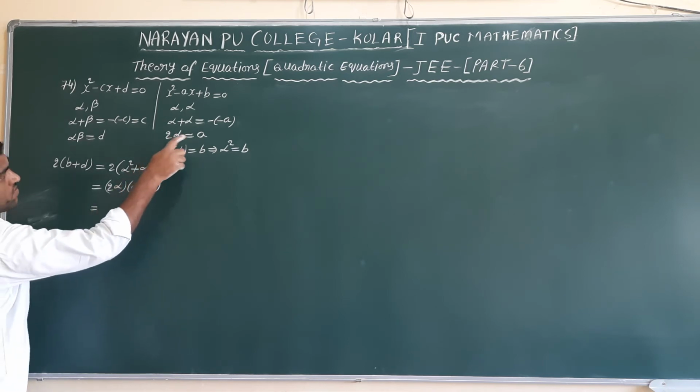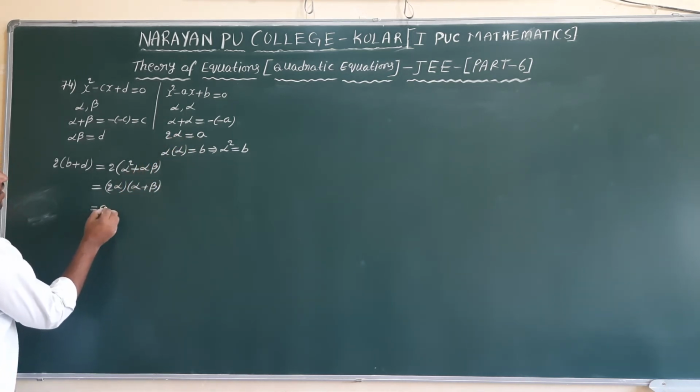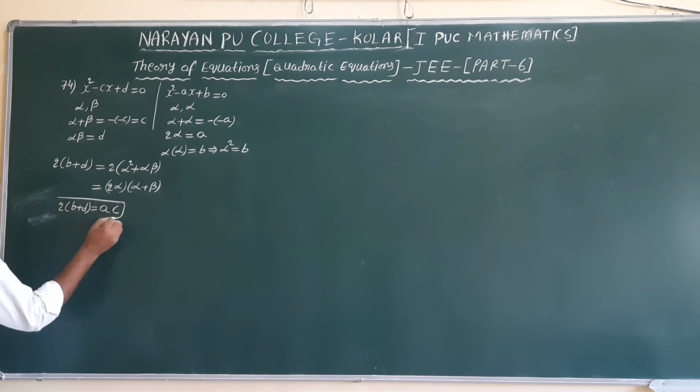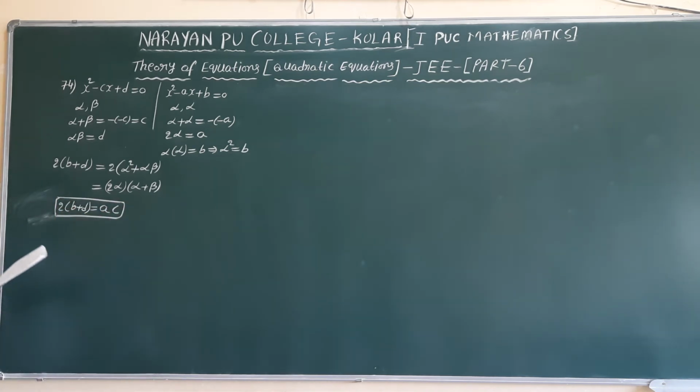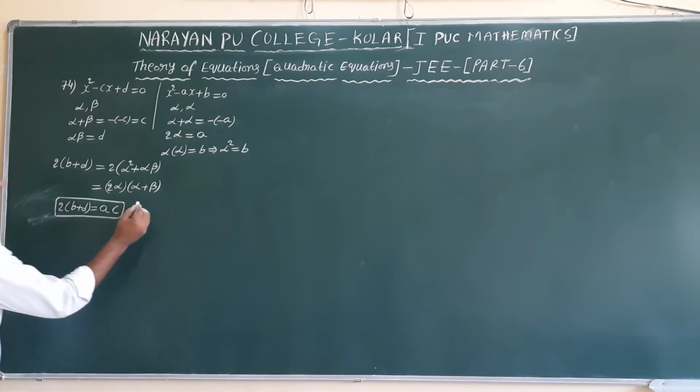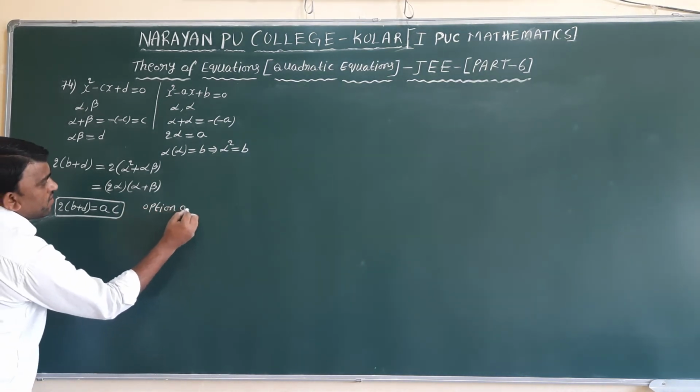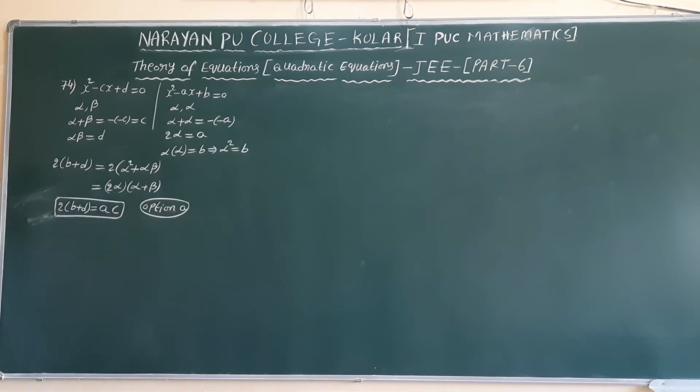But 2 alpha is what? A. Alpha plus beta is what? C. So 2 of b plus d value is AC. So verify the options. Option A is the correct one.